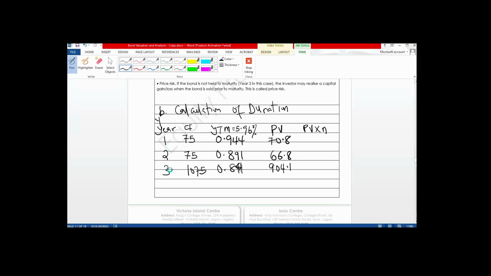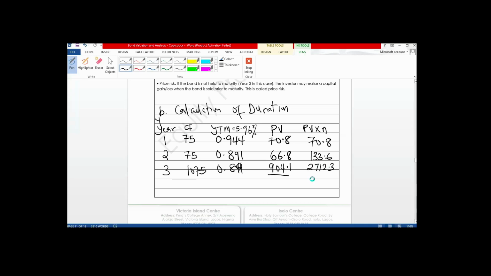Your n is your year. 1 multiplied by the corresponding present value: 1 multiplied by 70.8 is 70.8. 2 multiplied by 66.8 is 133.6. 3 multiplied by 904.1 is 2712.3.